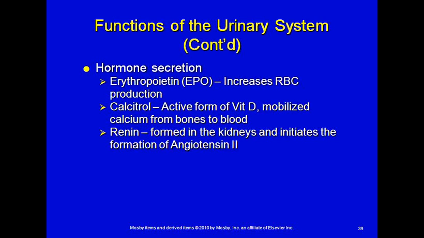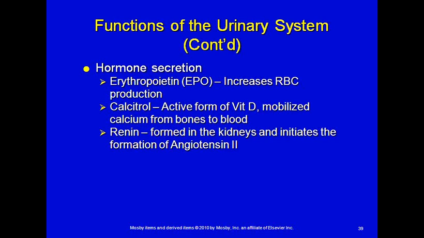Calcitriol, which is an active form of vitamin D, helps mobilize calcium from the bones to the blood, so that if your calcium level dips low in your blood, you can rob some of that from your bones. We know that calcium as well as sodium and potassium are extremely important to the overall function of your heart.